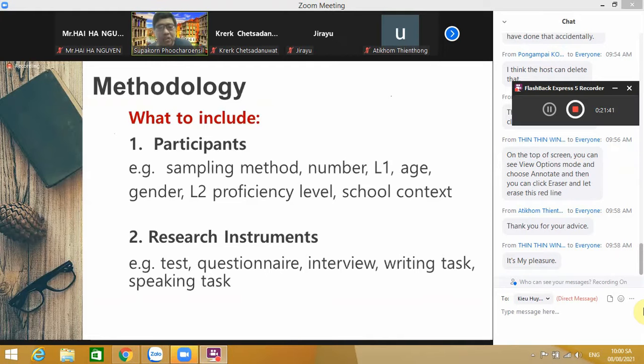The reviewers and editors of these journals are looking for triangulation of research instruments. So maybe if you use interview only for your study, maybe that's not enough, right? You are supposed to rely on the data from at least 2, or it would even be better if you use 3 research instruments for data collection, right? This will increase the validity of your research findings, something like that.